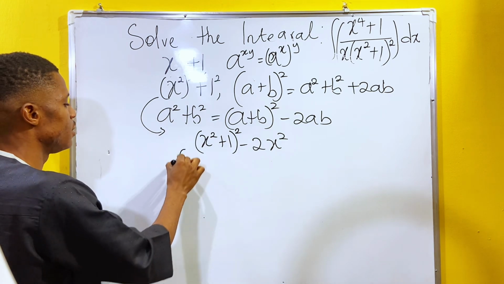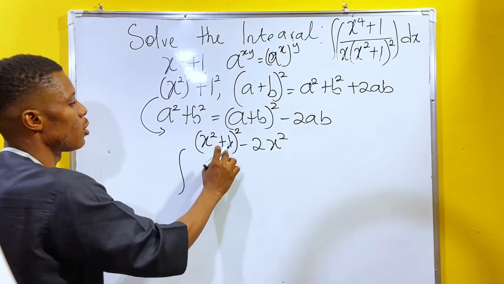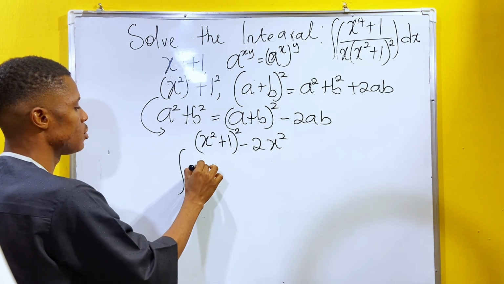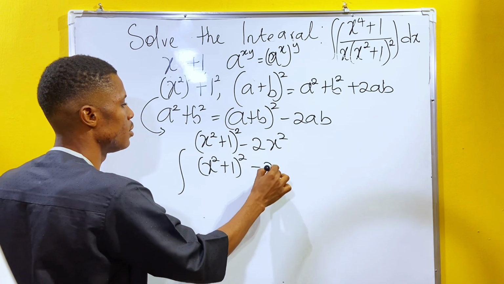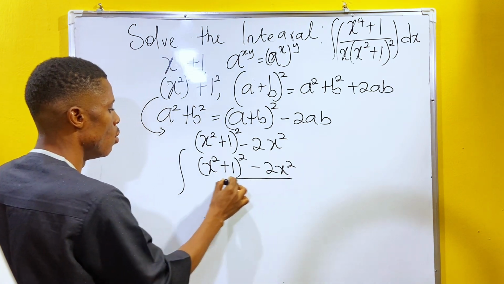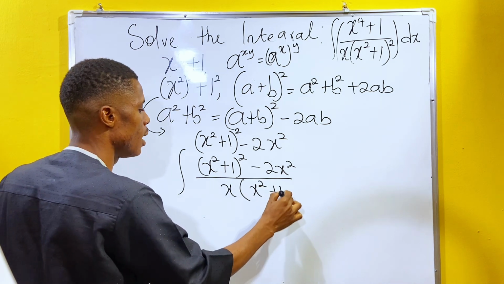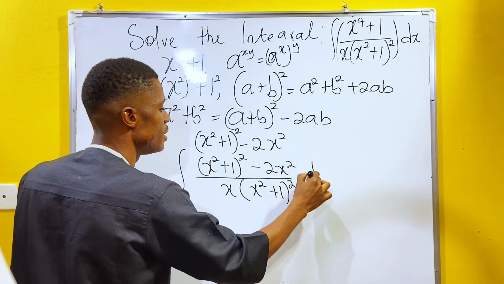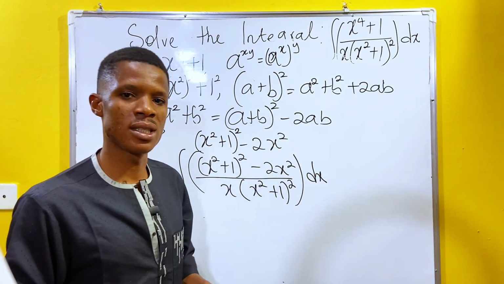So we have the integral of (x squared plus 1) all squared minus 2x squared, over x times (x squared plus 1) all squared. We are integrating with respect to x. This is what is needed.